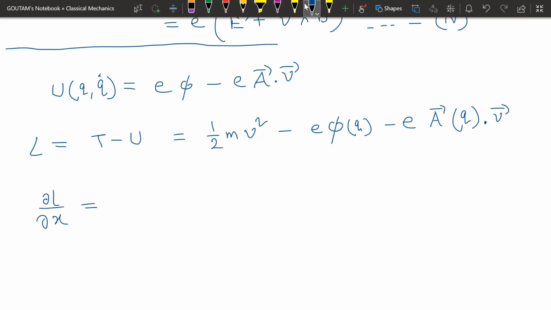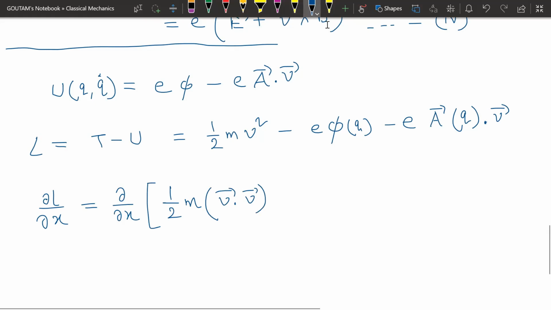So ∂/∂x of half m v square. v square means v dot v. And what does this v mean? It is x dot square.